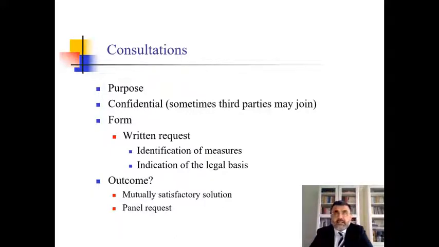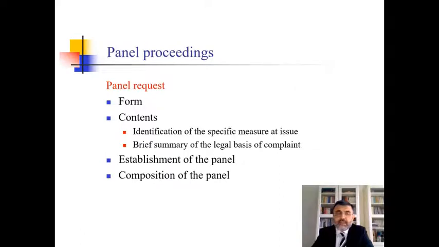The consultations request is going to be submitted to the WTO, and the consultations will start. If the disputing members manage to find a solution between themselves, an amicable solution, that is going to be the end of the dispute. If not, then the complainant, in our case Australia, may take the process one step further and request the establishment of a panel.